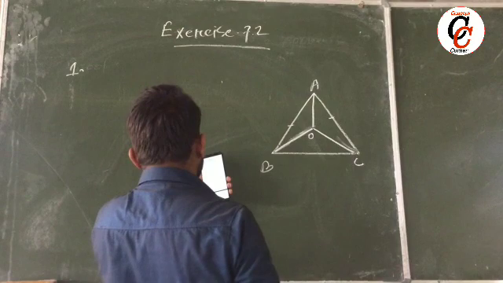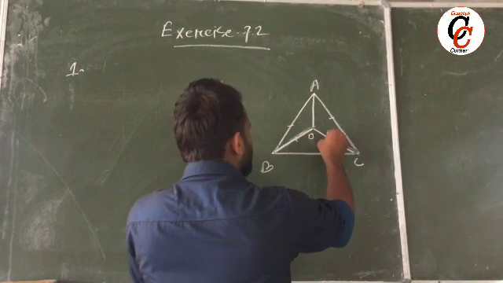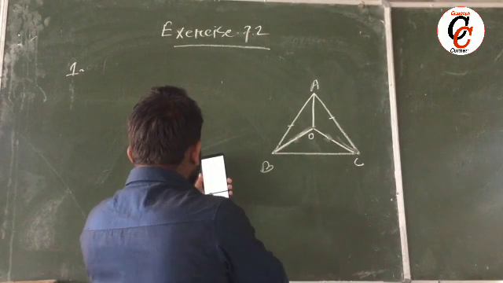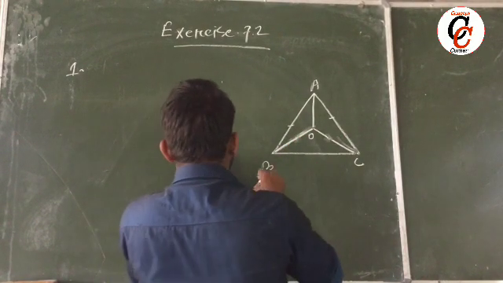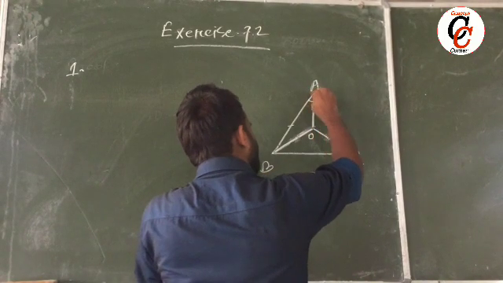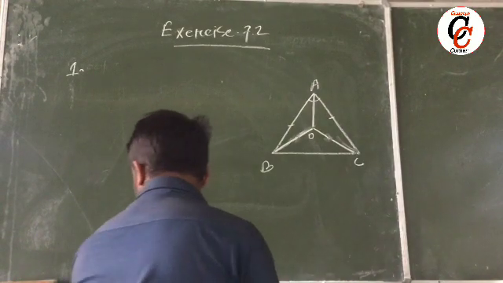Now we have to prove OB is equal to OC. We need to prove this one. Also, we need to prove that AO bisects angle A. That means this side bisects the whole angle. We need to prove these two parts.